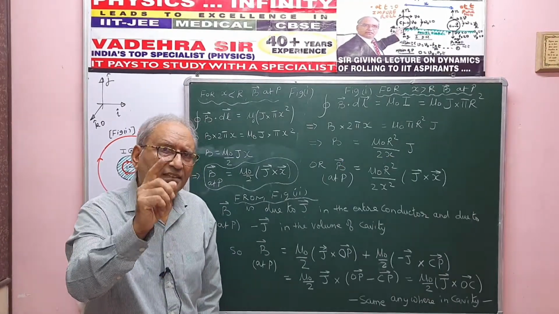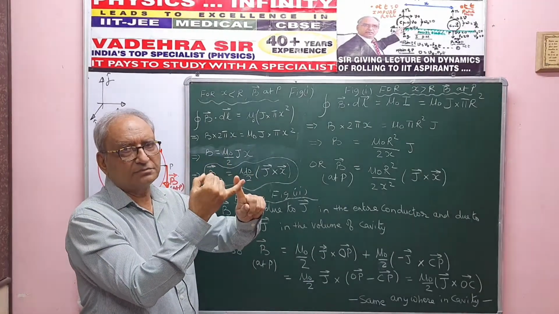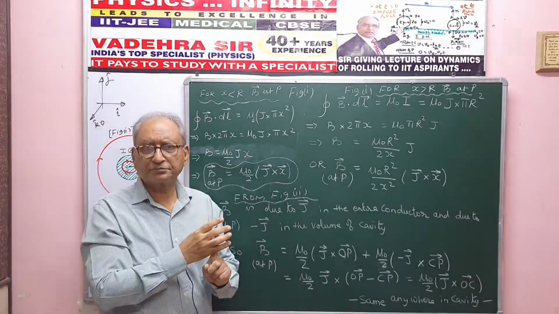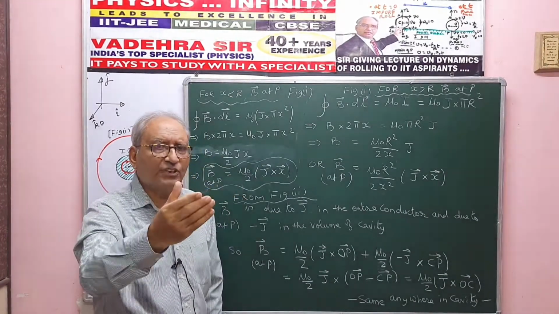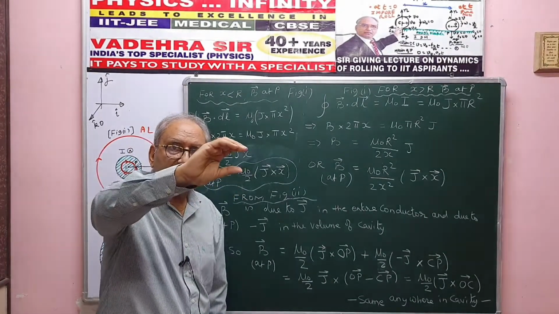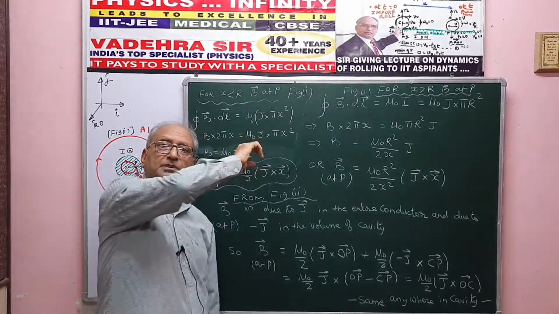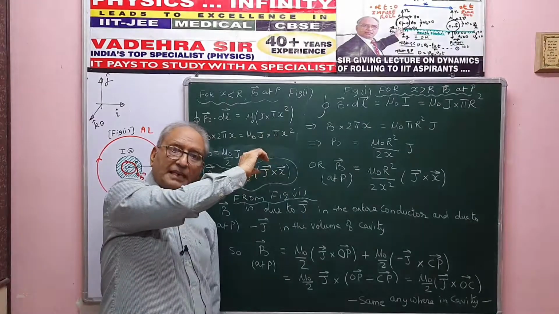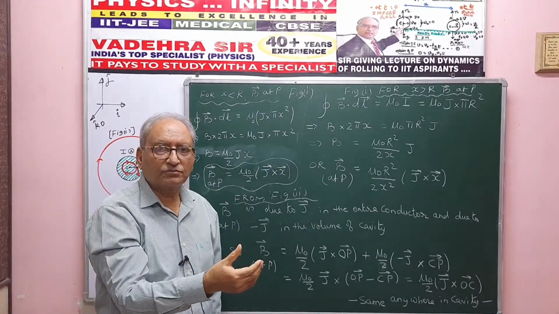the current carrying cylindrical wire. The radius of the cylindrical wire is capital R. It's a long wire and the current flowing is I. The current density is J. But there is a hollow cavity and the hollow cavity is like a hollow pipe. And for that hollow pipe, the axis is parallel to the axis of the wire.